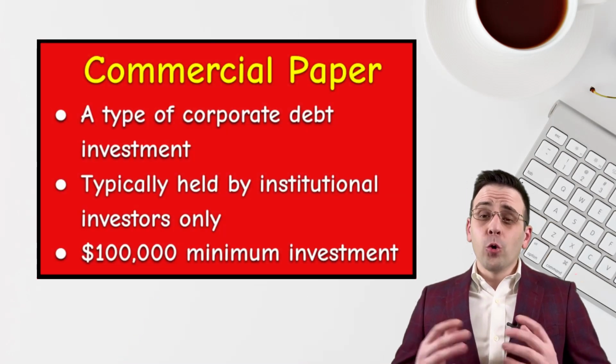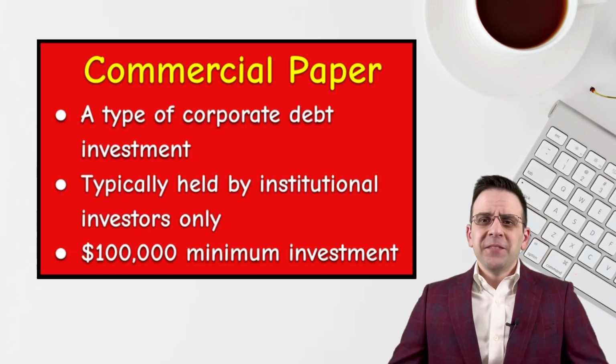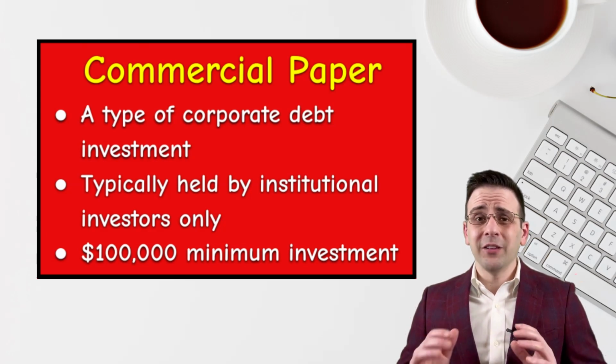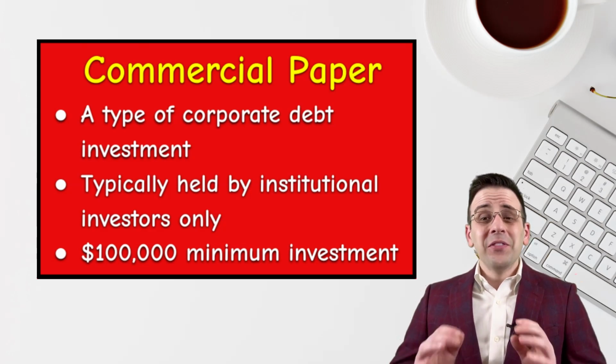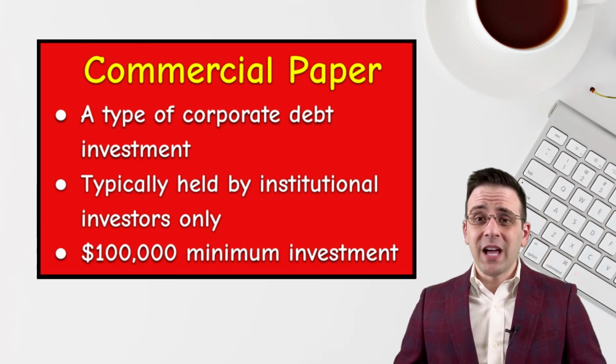Another type of corporate debt is called commercial paper. This type of debt investment is not typically held by retail investors, as the minimum amount to invest is usually $100,000.